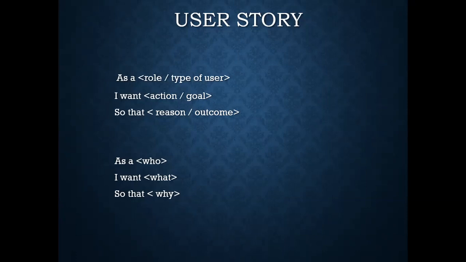But this is the basic format of user story that you actually need to know. Once you know this, then you can learn the Gherkin language, where you say given, when, then. It's easy to learn as well.